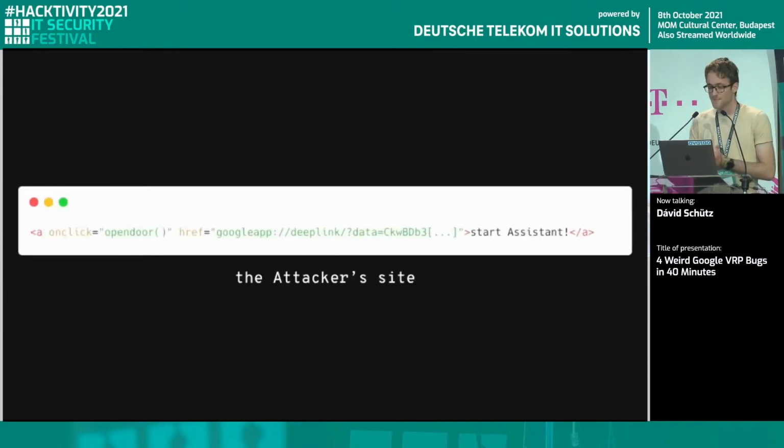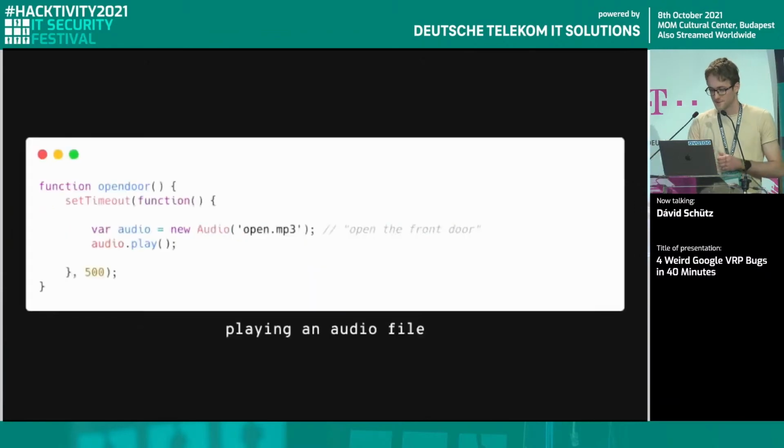In HTML, I made a simple A tag that pointed to the deep link I had found. This, when clicked by the victim, opened up Google Assistant on the victim's device, and Assistant started listening for voice commands in the foreground. Just after the victim clicking the button, I also call this openDoor JavaScript function using the onClick attribute. And what does that function do?